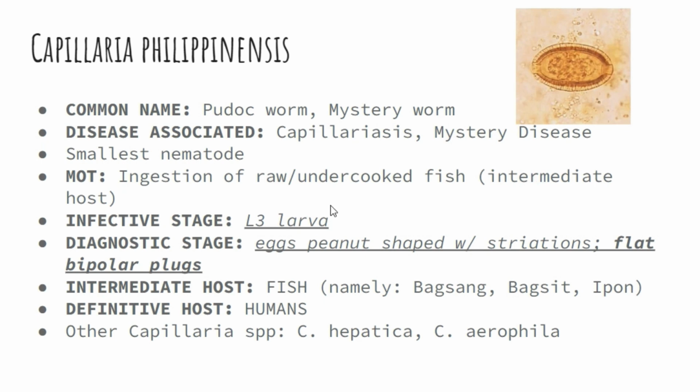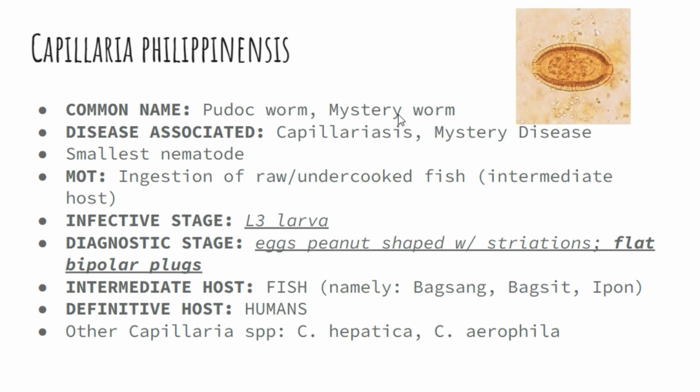Okay, here next parasite, we have your Capillaria philippinensis. Capillaria philippinensis po, in this name, Philippines, si Capillaria po is na-discover po dito po sa Pilipinas. Kaya po pinangalanan siyang Philippinensis. Common name po ng Capillaria is the pudoc worm and mystery worm.